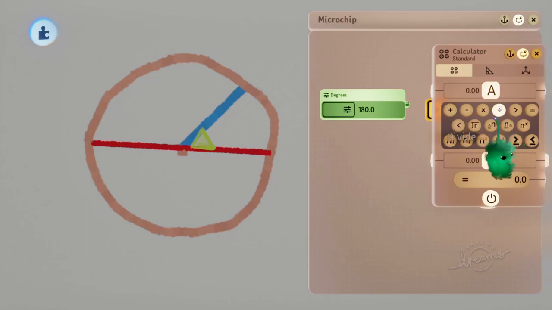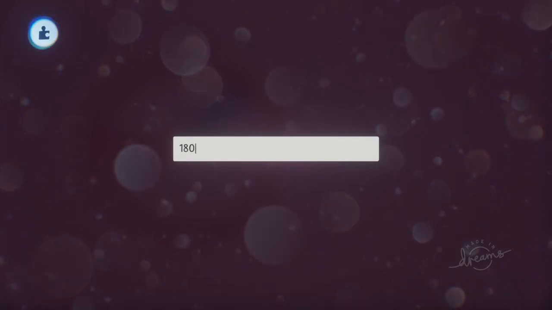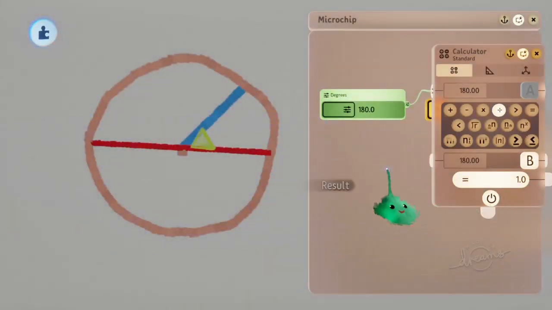So if we put that in there and divide it by 180, that just gives us 1, because it's just 180 divided by 180. That makes sense. But that should actually be pi, so we want to multiply it by pi.